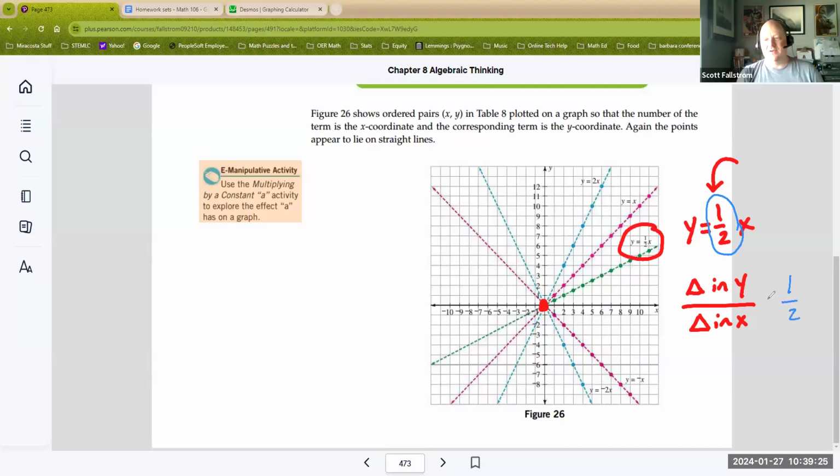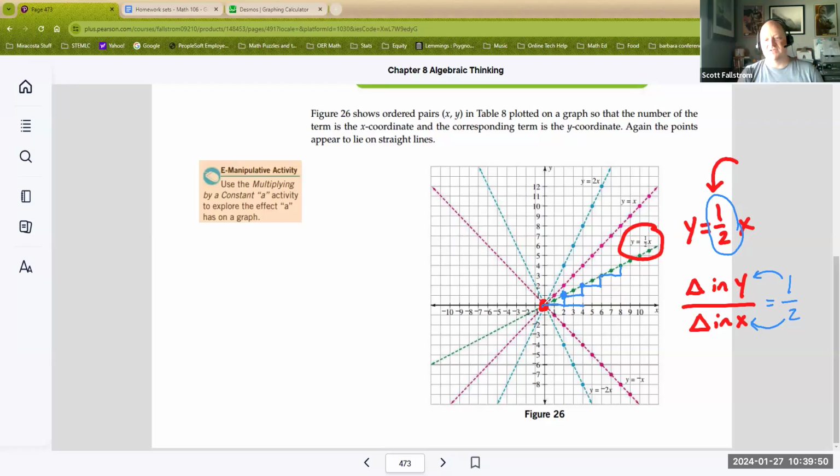This is telling you that you need a 1 unit change in y for every 2 unit change in x. So if you go over 2 units, you better go up 1 and you'll find another point. For every 2 units from that point, you go up 1 more. And so you can build it from one point to the next. You could also start at the beginning and go over more than that.